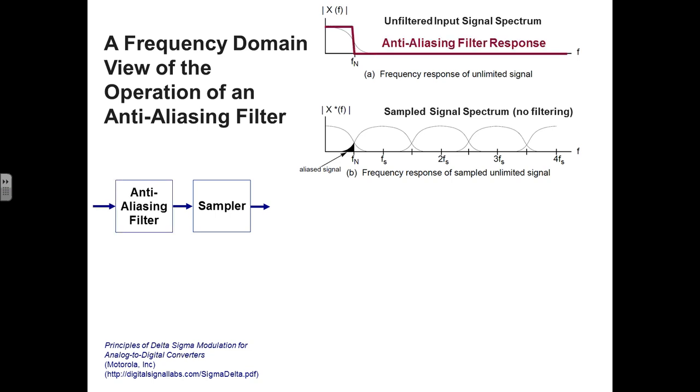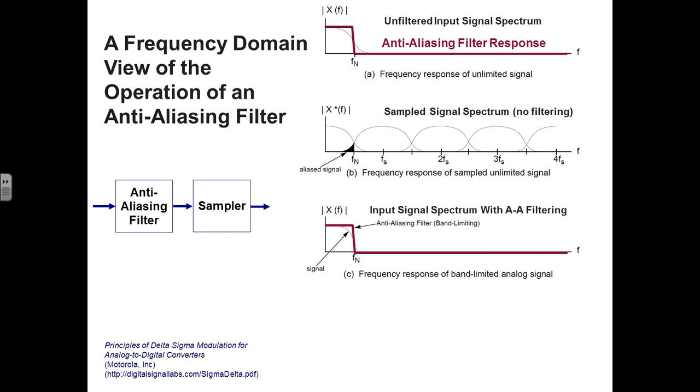If we put an ideal anti-aliasing filter in front of the sampler, one that's a low-pass filter with a very sharp cutoff, that cutoff frequency will eliminate every signal at any frequency above the Nyquist rate, as shown in the frequency response in red here.